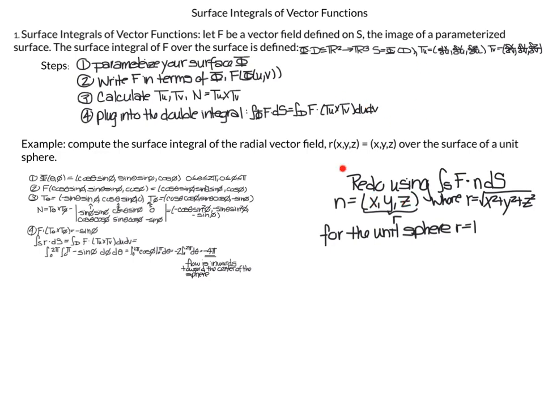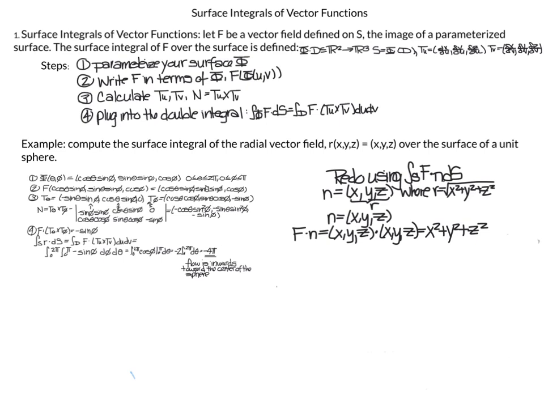To normalize it, to make it unit length, you just need to divide by r, because remember r is the square root of x squared plus y squared plus z squared, and r in this case is 1. So for our problem, the normal is just equal to x, y, and z.